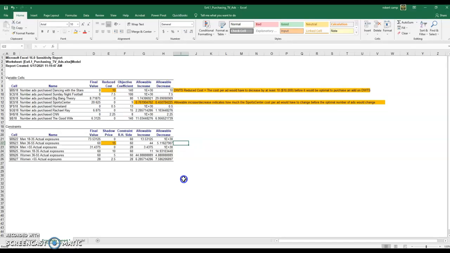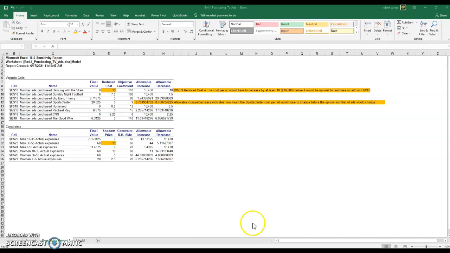And in the case of our ad cost here, that 15 would be 15 units, so $15,000. Similarly, if we were going to increase the constraint by 1, the shadow price tells us that the cost would increase by $15,000. And once again, that shadow price is really tagged to our constraint, to our final value. And so we can move things up or down.